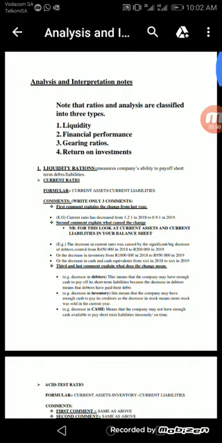Here I'm going to show you, when they say comment on the liquidity of the company, which ratios to use. Because a question mostly will say to you, comment on the liquidity of the company and state at least 2 financial indicators.